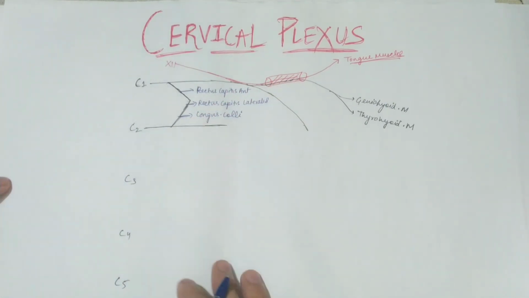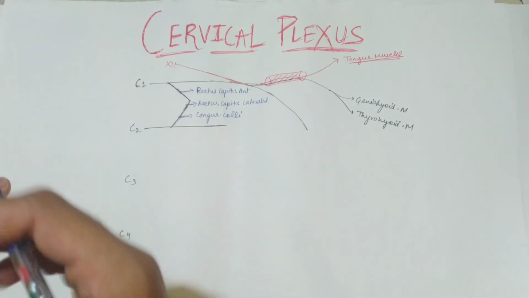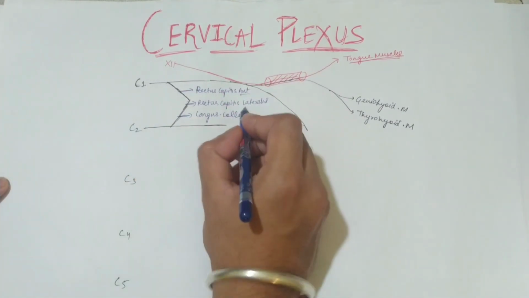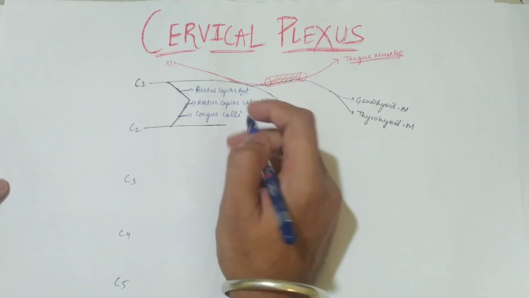These are the prevertebral muscles, or the deep muscles of the neck. Rectus capitis anterior is used for anterior flexion of the neck, rectus capitis lateralis is used for lateral flexion, and longus colli is also involved in flexion of the neck.